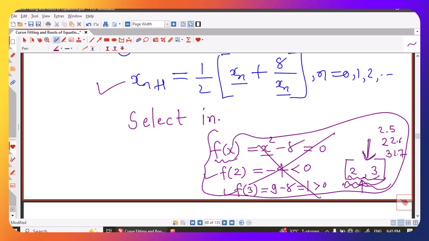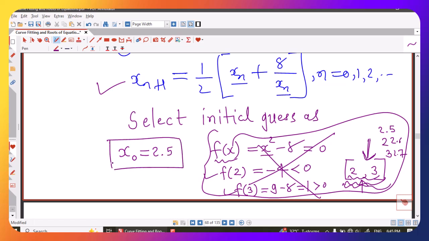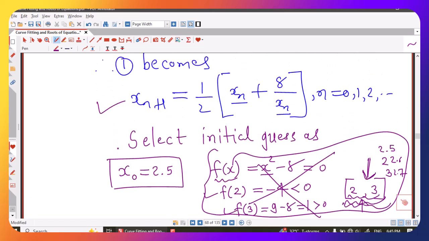So here I consider select initial guess as I have taken x0 equal to 2.5 and it lies in this interval. Now to find out first approximation, I will take n equal to 0 here.